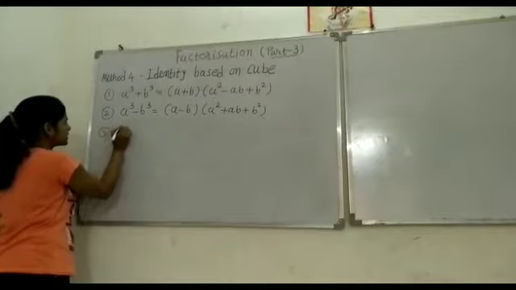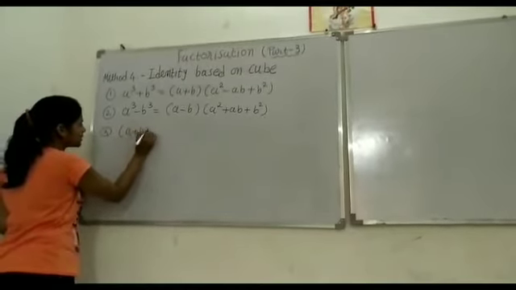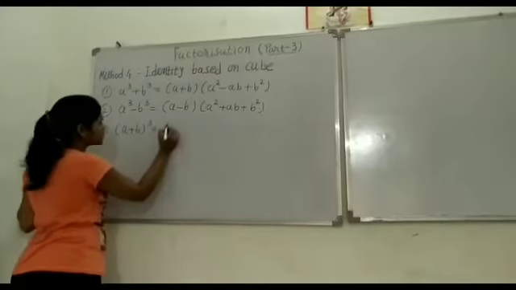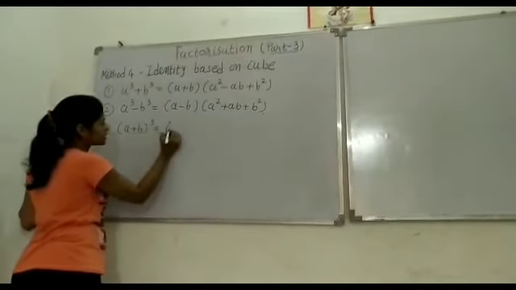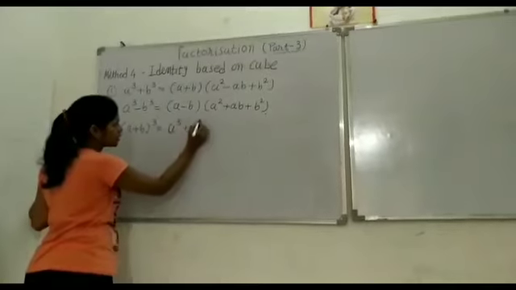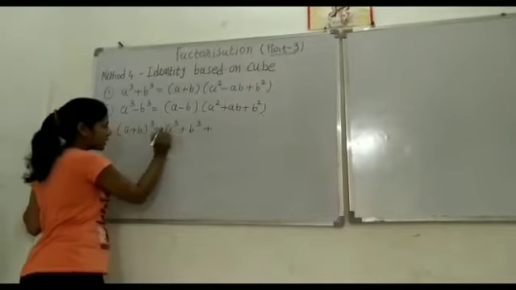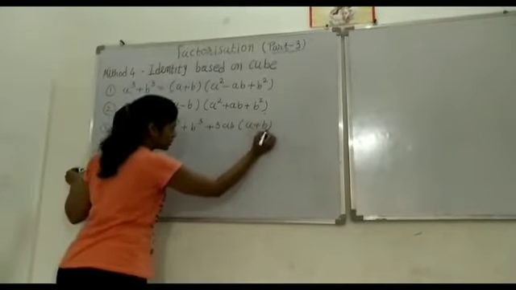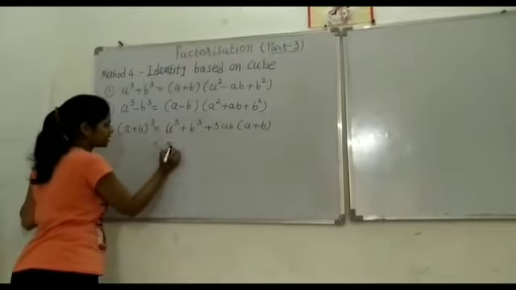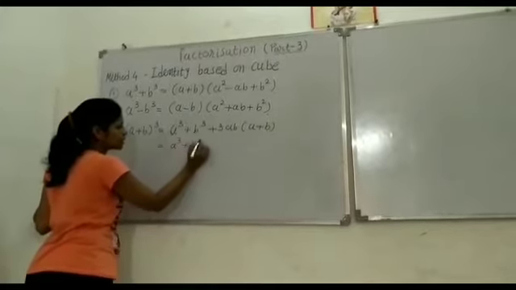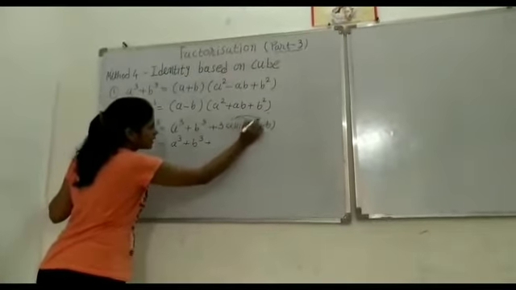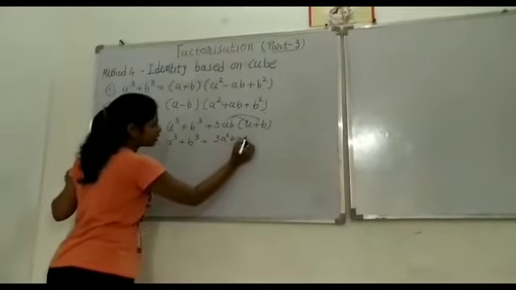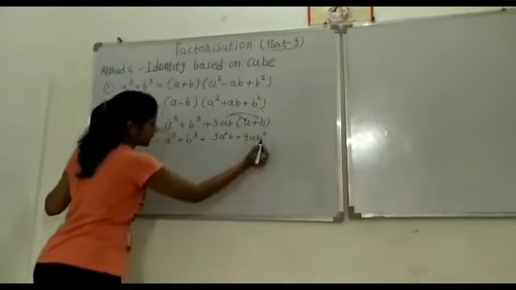Your third identity is a plus b whole cube, which is equal to a cube plus b cube plus 3 times ab in bracket a plus b. Or you can write this identity this way also: a cube plus b cube plus, multiplying the inner side, 3a square b or 3ab square.